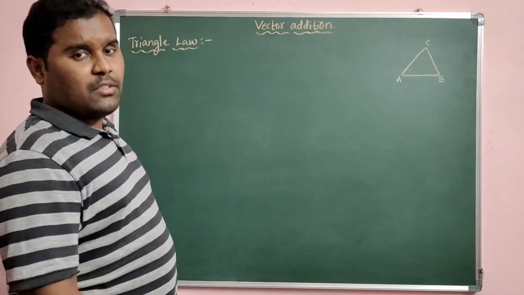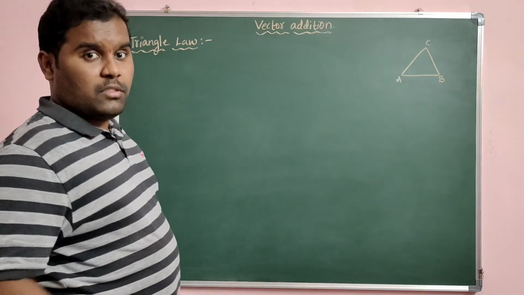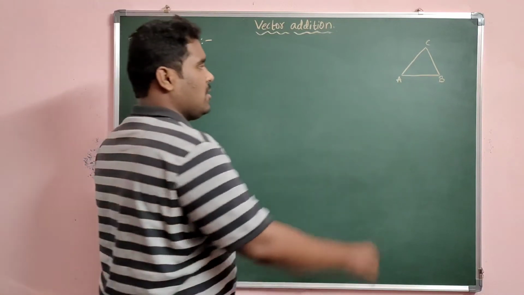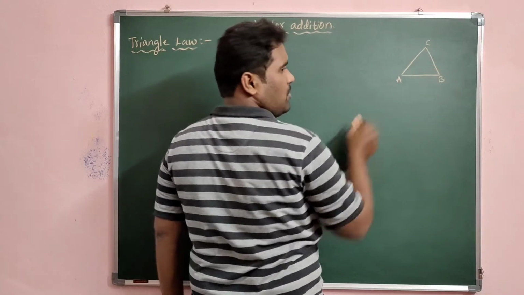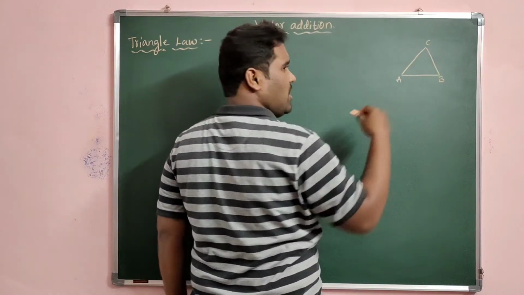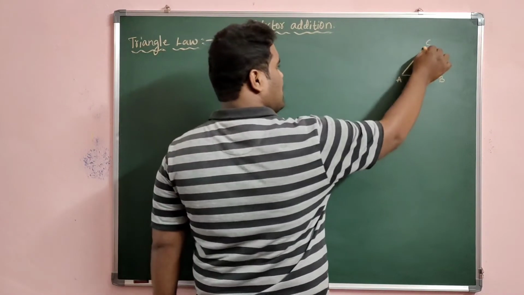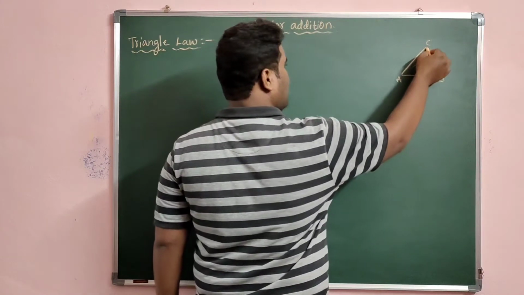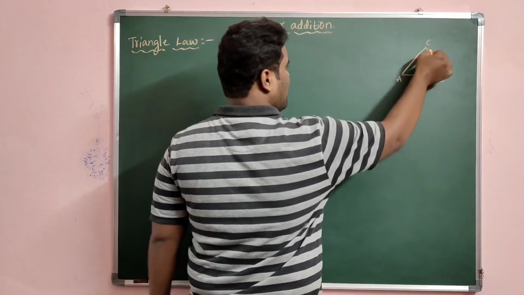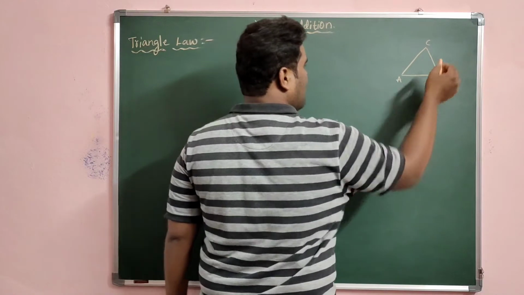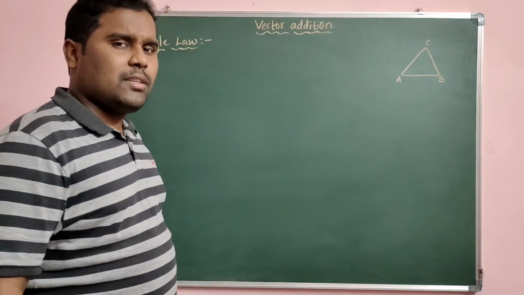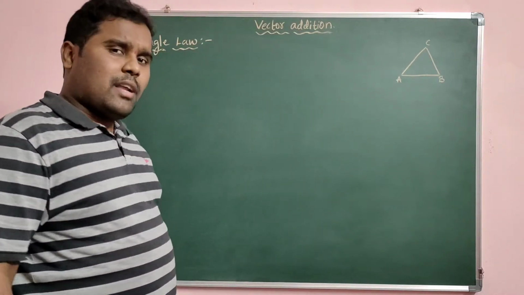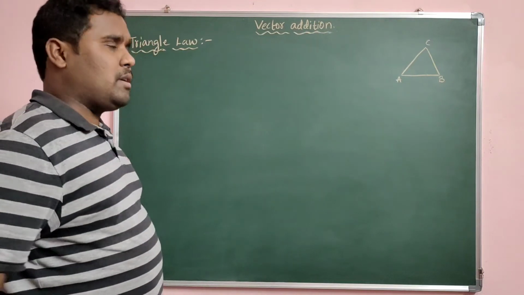If it is in reverse order, it is A to B, C to B. Or else A to B, B to C in the same order, and the next one is C to A. Instead, if you read A to C, this will be in reverse order to that of A and B. So please remember this one thing, because while defining the triangle law it is very important.